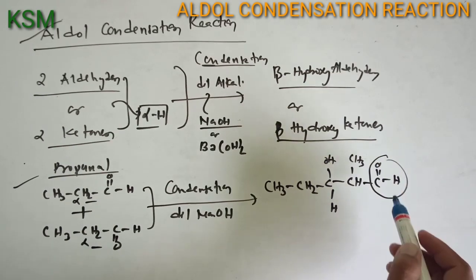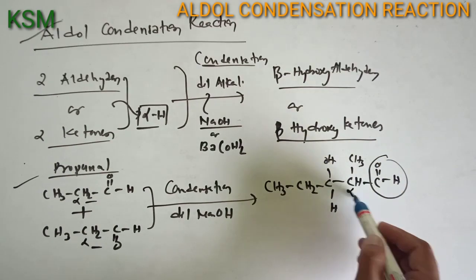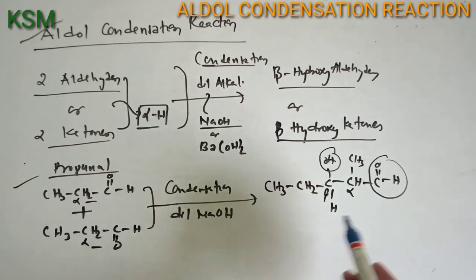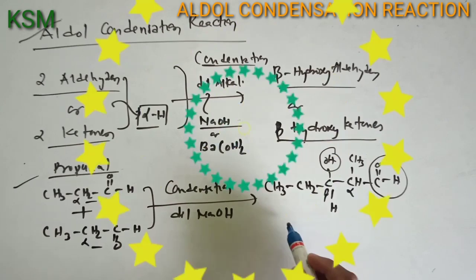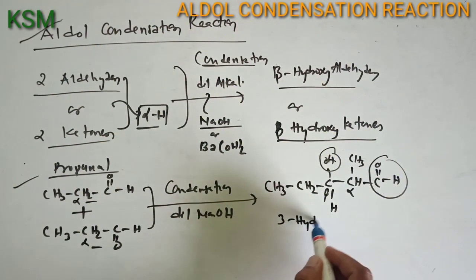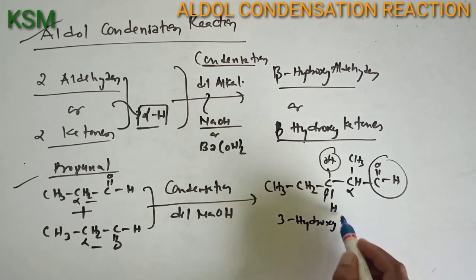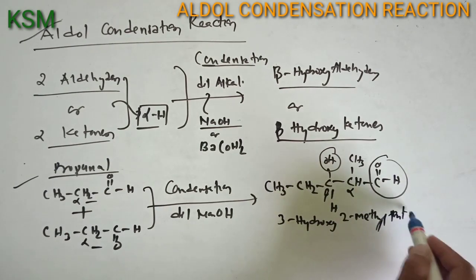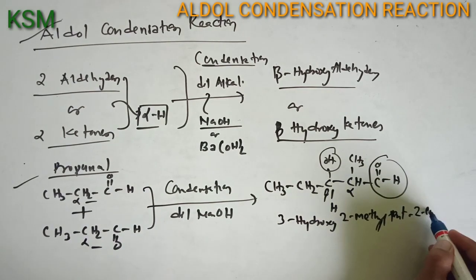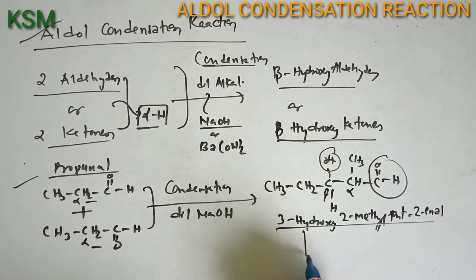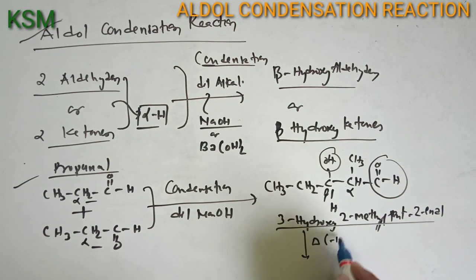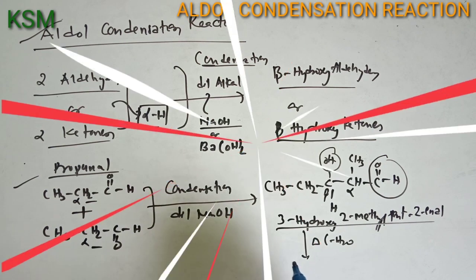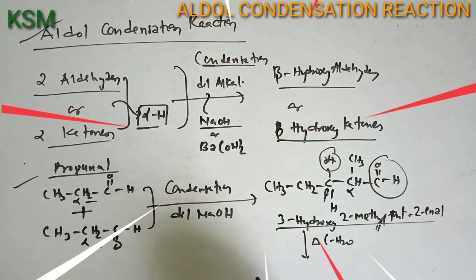This is the aldehyde group. This one is alpha carbon, this is beta carbon. So at the beta carbon an OH group is attached, so it's a beta hydroxy aldehyde, and its name will be 3-hydroxy 2-methyl pentanal. When it is further heated, there will be a loss of water molecule, and it forms a compound where you will observe a double bond comes out between two carbon atoms.